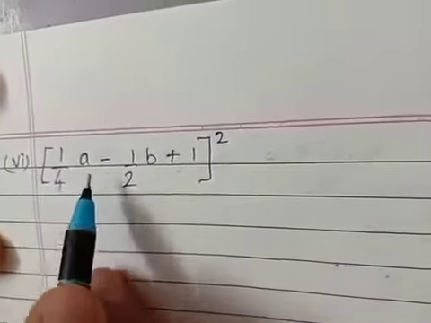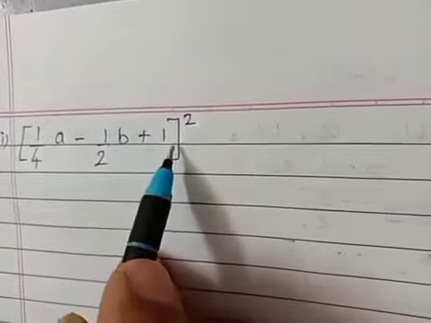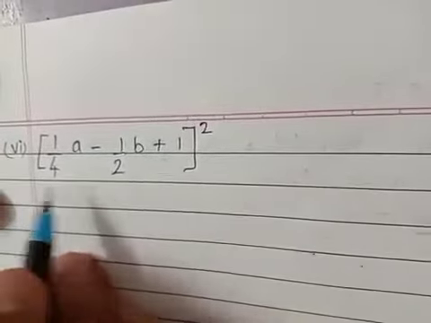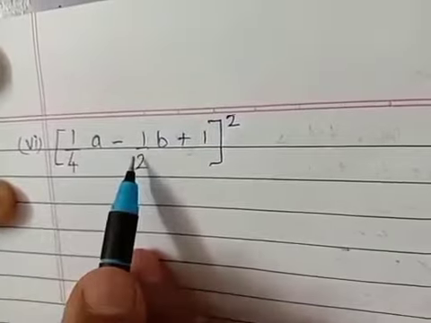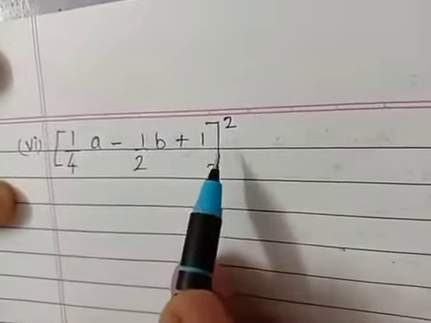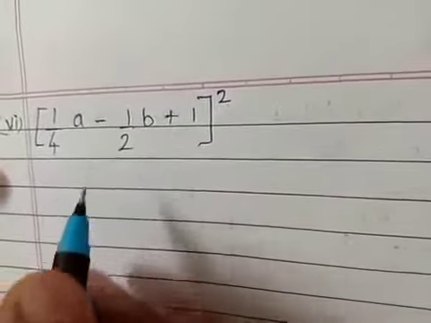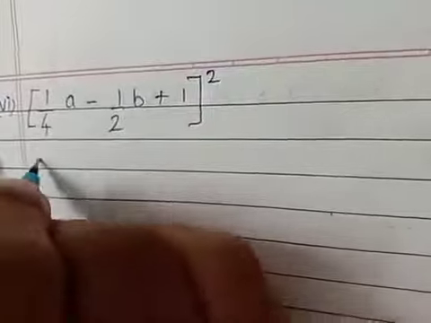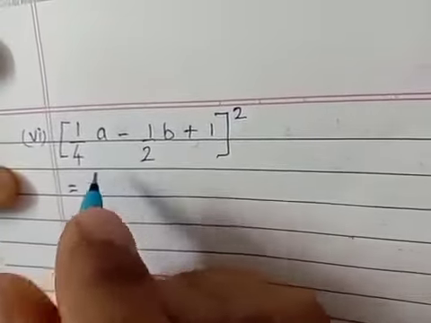Let's solve 1/4a minus half b plus 1 the whole square. Okay, so how is this looking? This is a plus b plus c the whole square. You have to make it in this form. So what is this answer? Equal to, this will be a square.